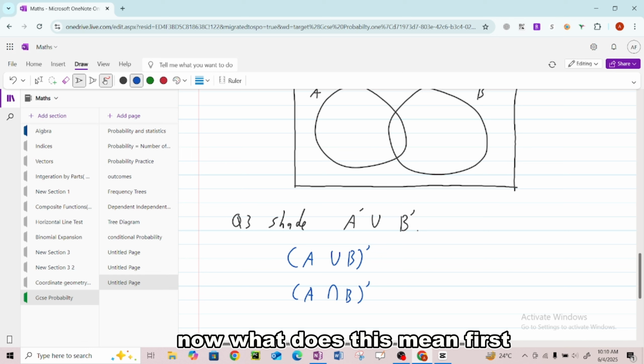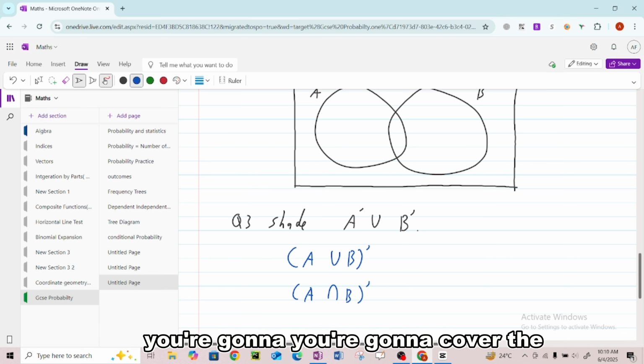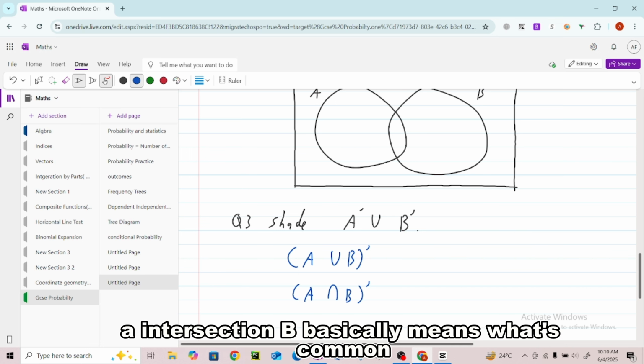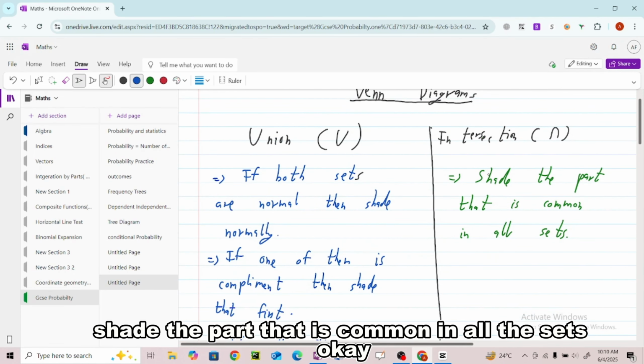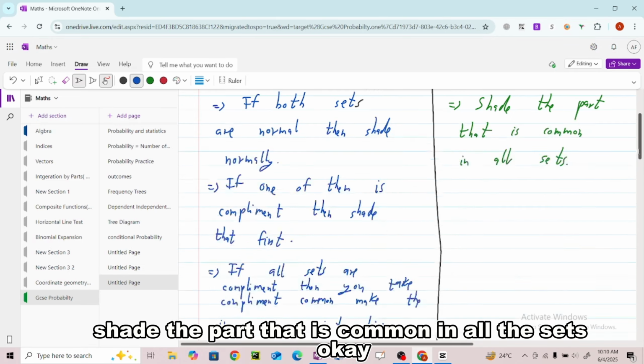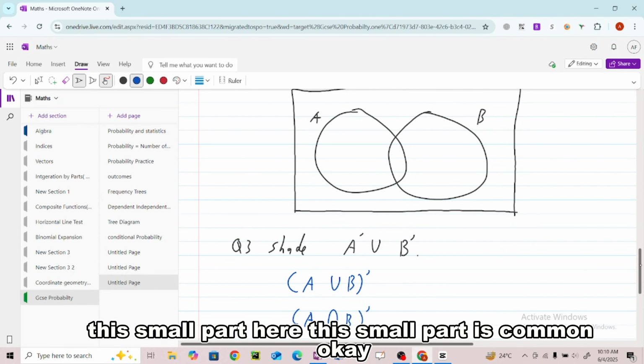Now what does this mean? First we do A intersection B, which covers the intersection part. A intersection B basically means what's common, like we did over here: shade the part that is common in all the sets. What's common in them? This small part here.